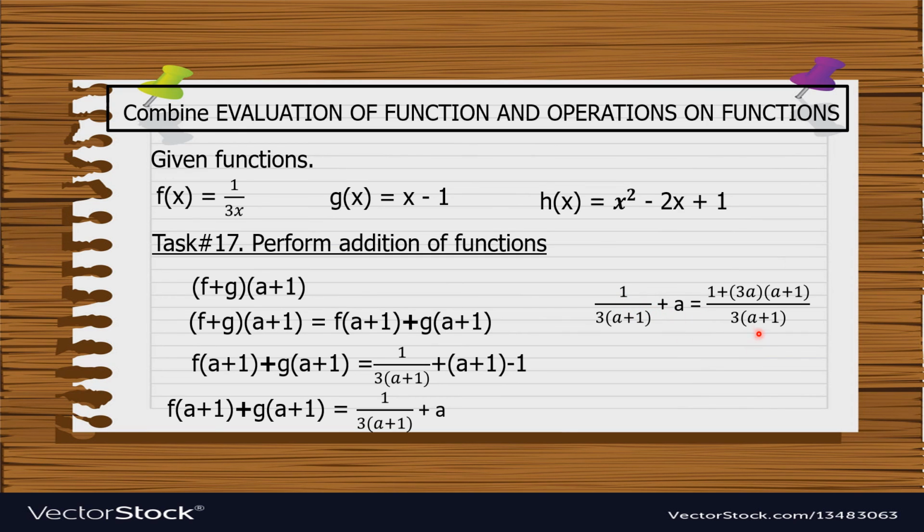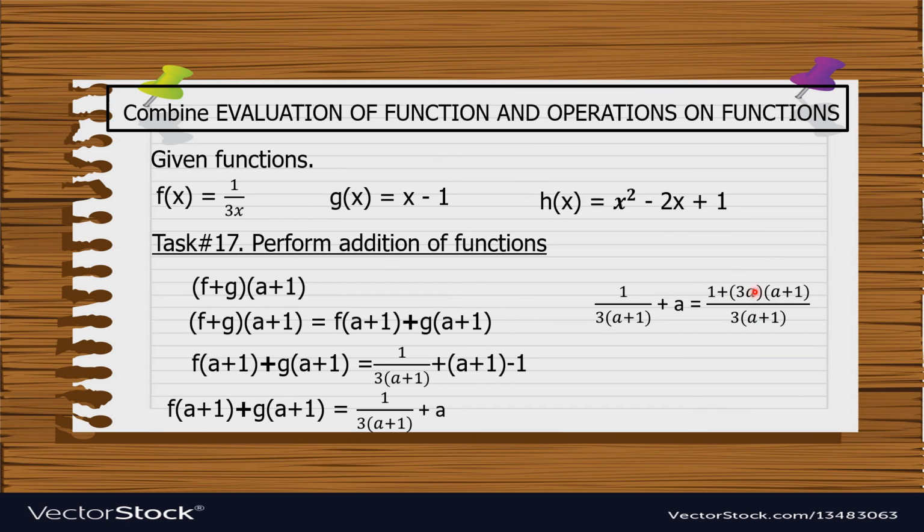The LCD is 3 quantity a plus 1. So 3 quantity a plus 1 divided by 3 quantity a plus 1 is 1, multiplied by positive 1 is positive 1. And 3 quantity a plus 1 divided by 1 is 3 quantity a plus 1, multiplied by positive a, it is 3a quantity a plus 1.